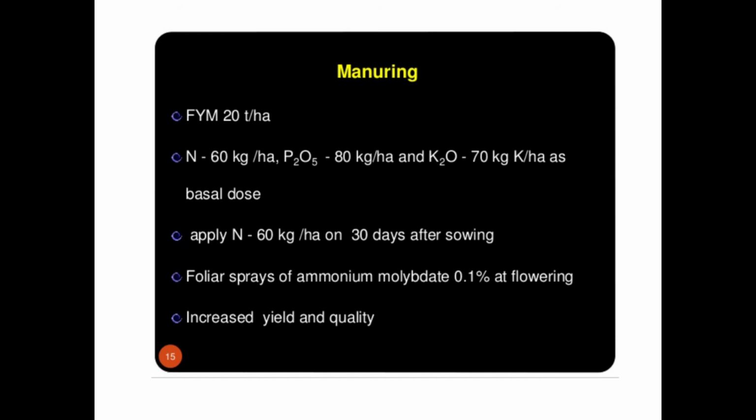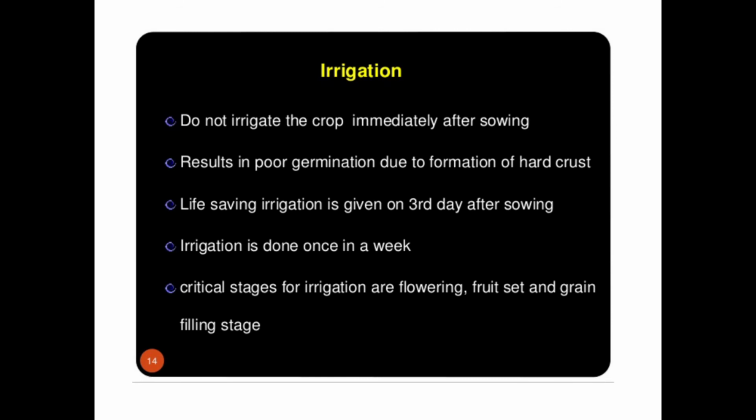Foliar spray of ammonium molybdate 0.1% at flowering increases yield and quality of pea. The next one, irrigation.